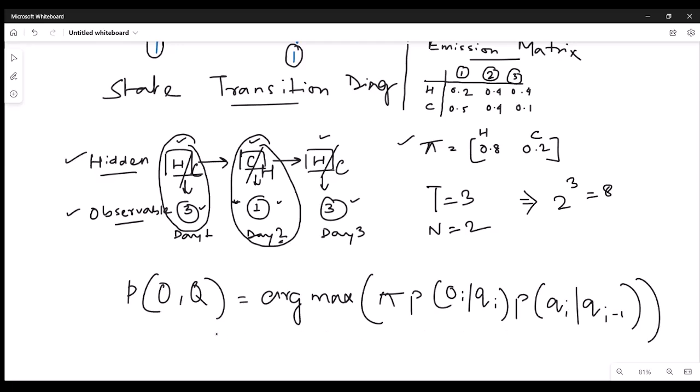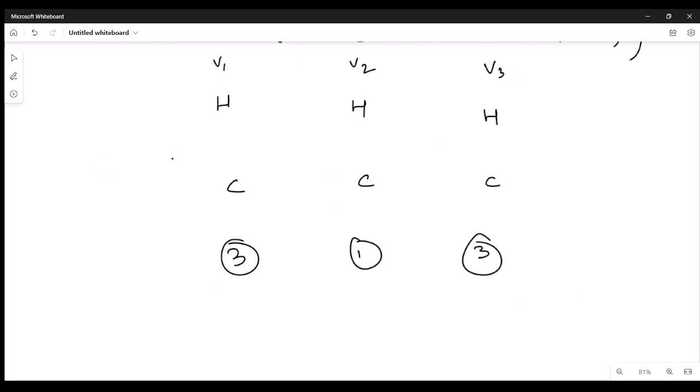Now we will see an example to elaborate this structure and to see the efficiency of the Viterbi algorithm in a few seconds. Here in this example we are given three observable quantities. On day 1, the individual has consumed 3 ice creams. On day 2, the individual has consumed 1 ice cream, and on day 3, again the individual has consumed 3 ice creams.